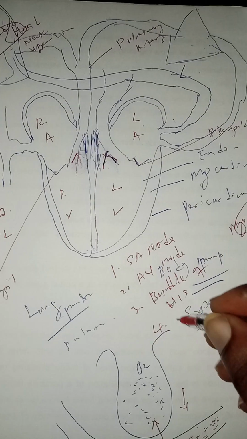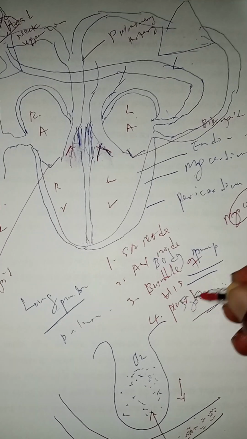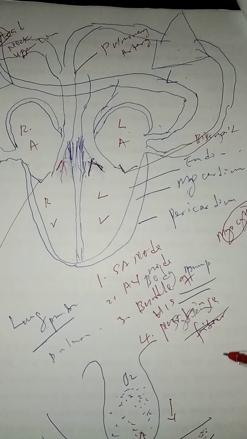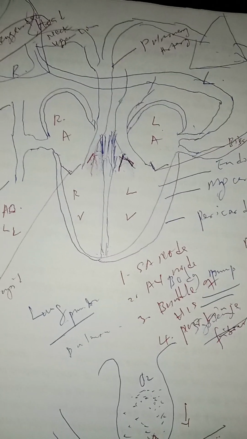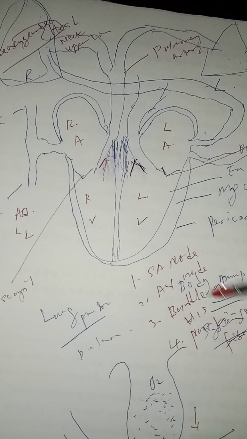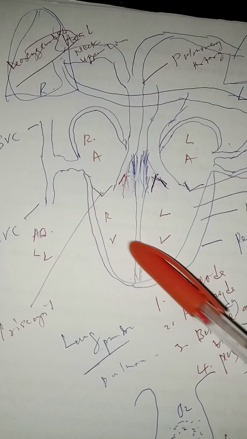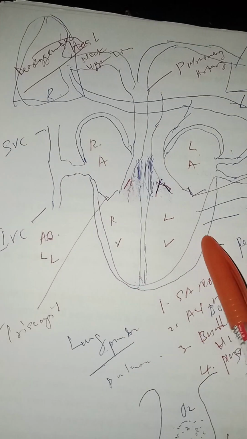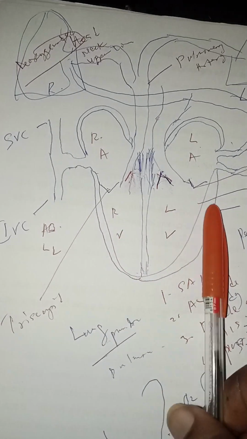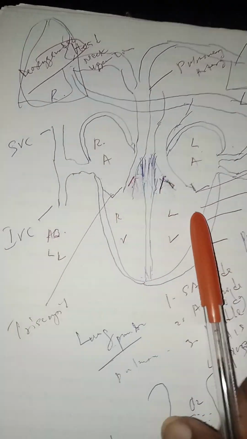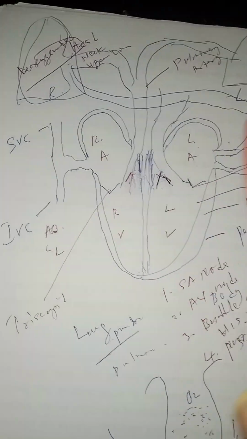Then the fourth one is the Purkinje fiber. These are the four units responsible for the electrical conductivity of the heart, which is the inherent pumping ability of the ventricular walls.